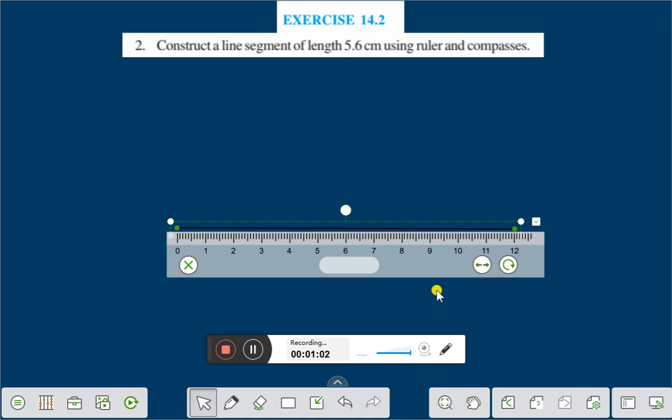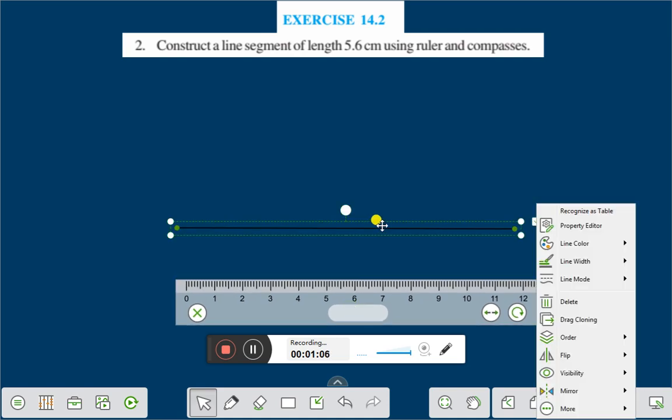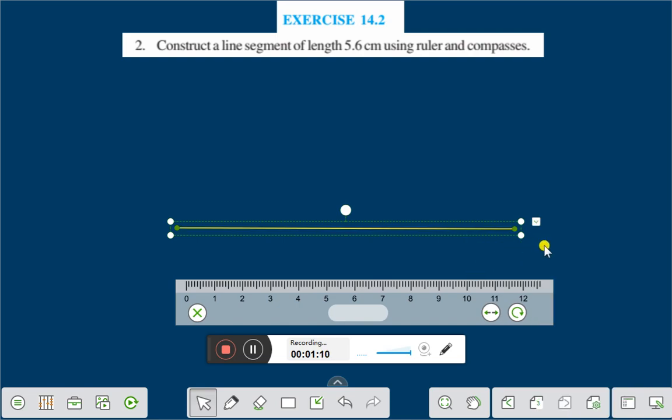Right. I will change the color of this line. That is, we have taken a yellow color, right?